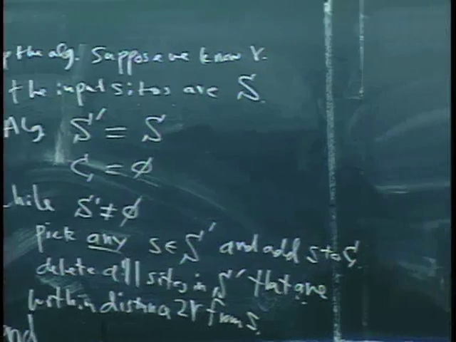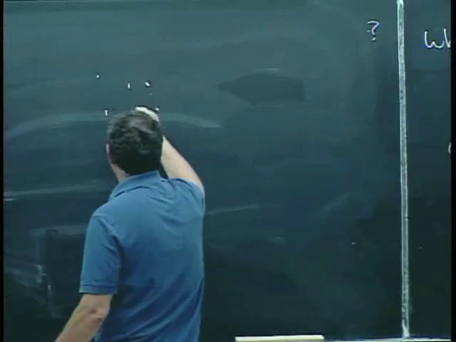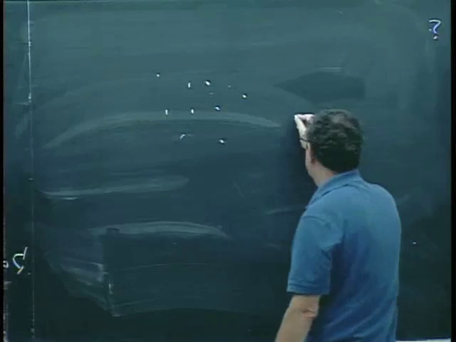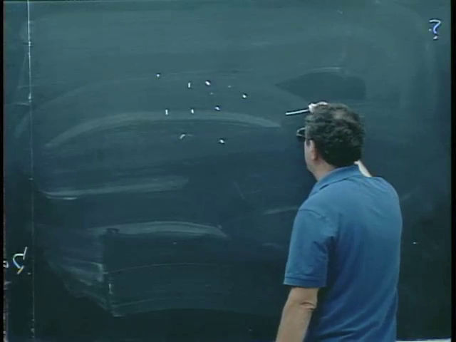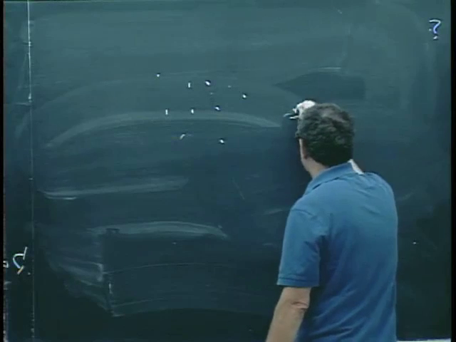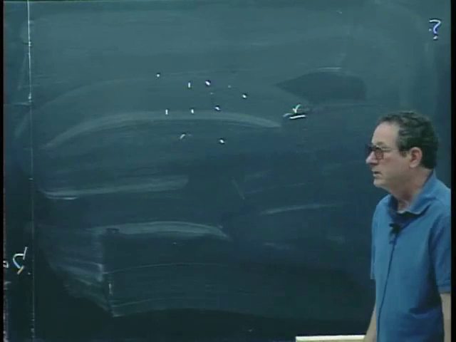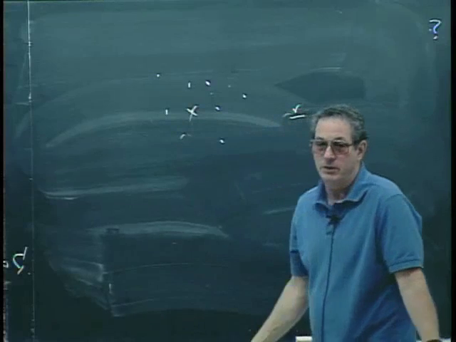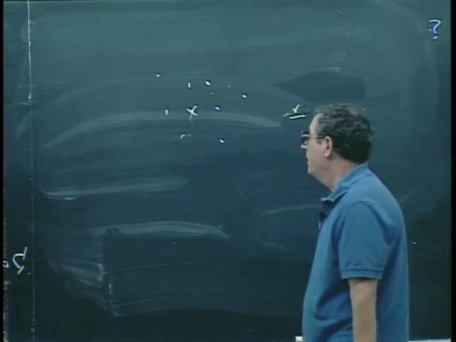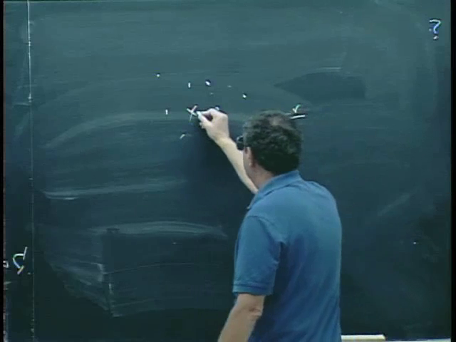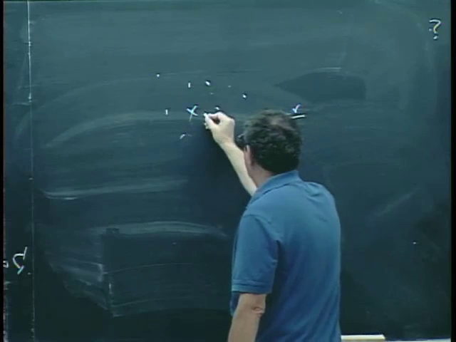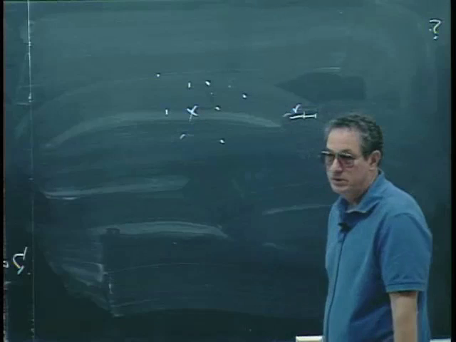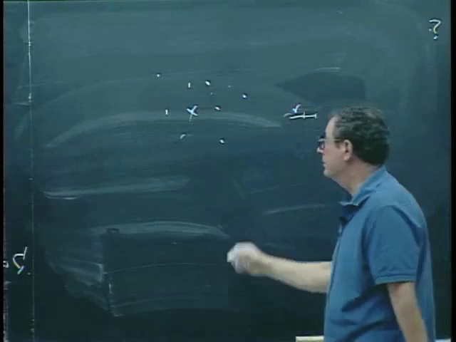Okay, so just in a little cartoon, here are the sites, and let's say we know R, that's R. So what the algorithm says is just pick a site arbitrarily, it doesn't matter. And then any other site that's within 2R, so this is R, this is 2R, remove it. Okay?